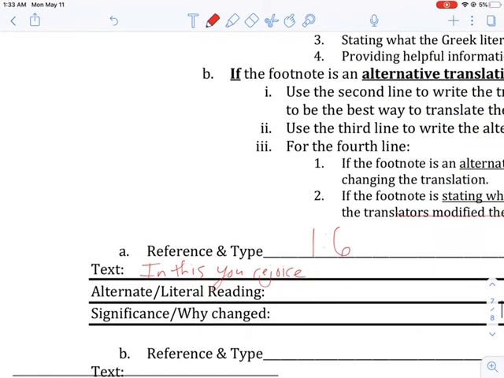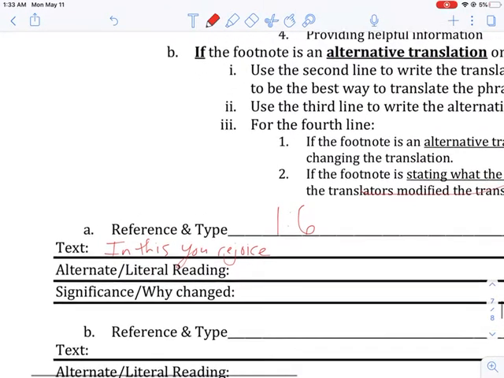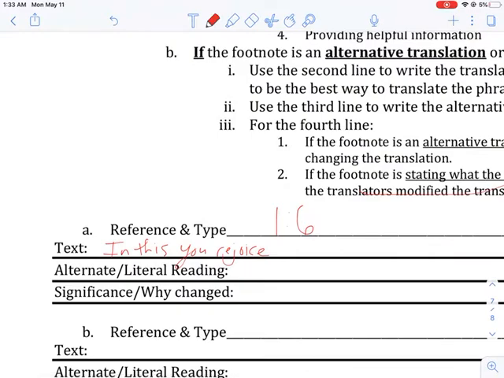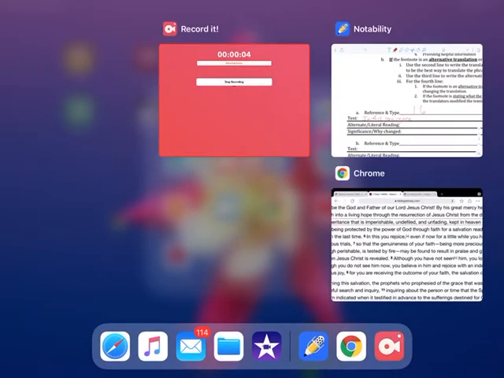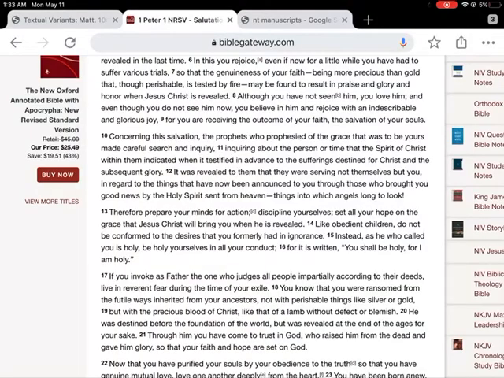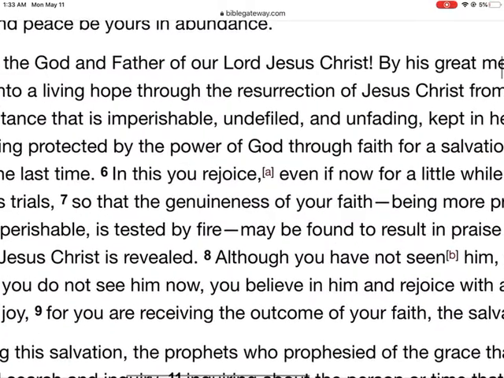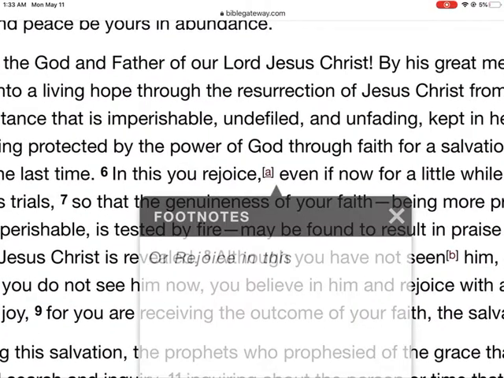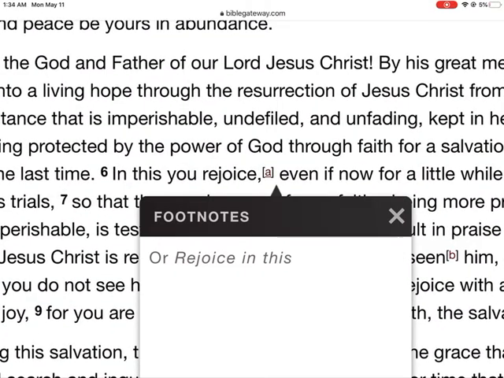And then you're going to write the alternate or literal reading as provided in the footnote. So in this case, "in this you rejoice" could also be translated "rejoice in this." And because it's an "or," you're going to write that it's an alternative footnote.